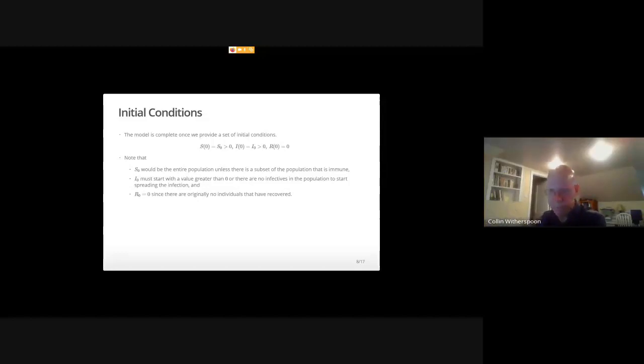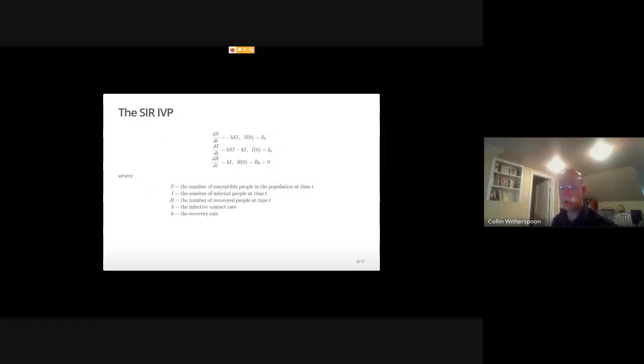Otherwise, there are no infected people in the population and you would have no spread of the disease. And R naught should be 0 because when you initially start, no one's recovered. So with the system of differential equations and these initial conditions, we get the SIR initial value problem. I'll give you a second just to scan over that really quick.